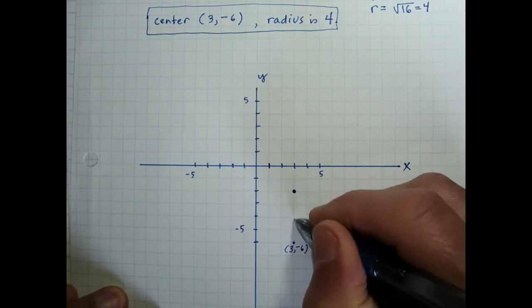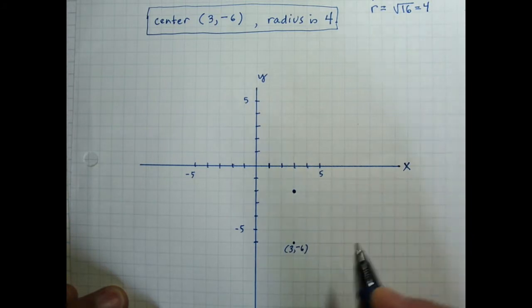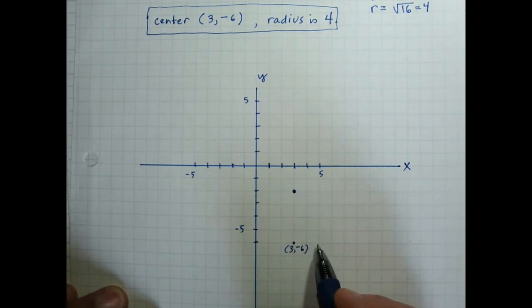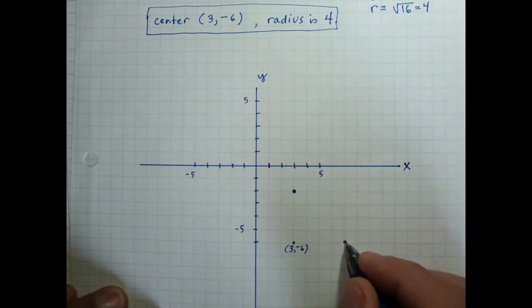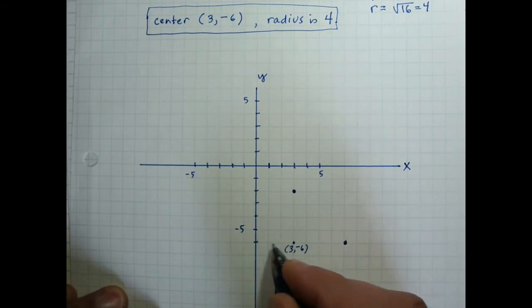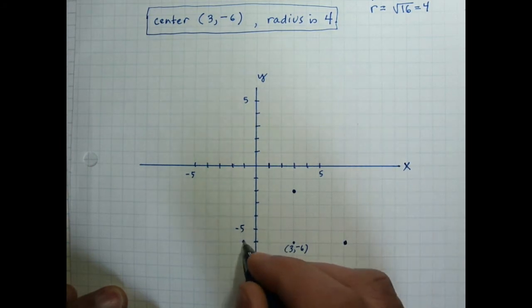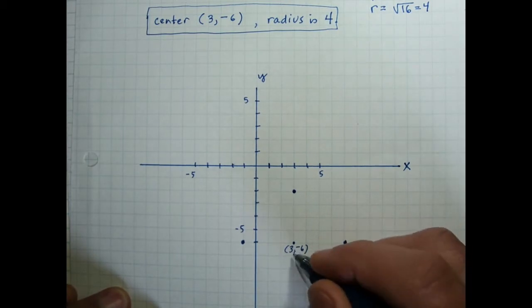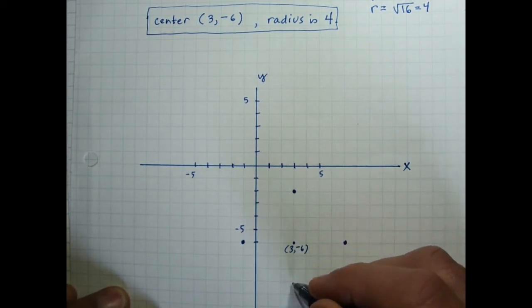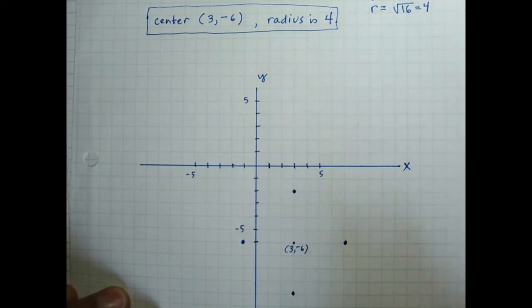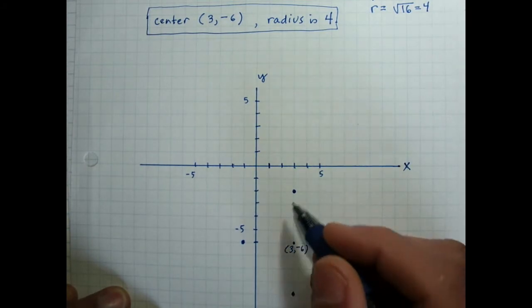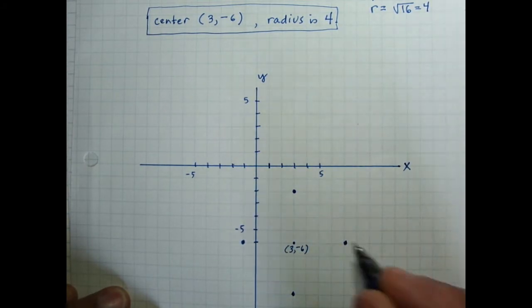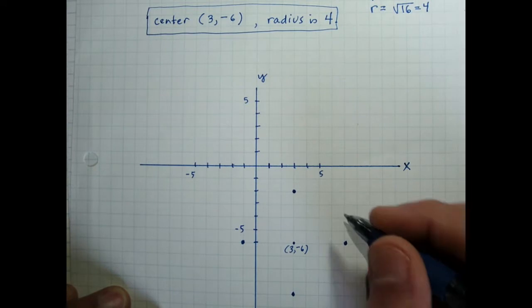That's a distance of 1 radius up. I'm going to count 1, 2, 3, 4 to the right, 1, 2, 3, 4 to the left, and 1, 2, 3, 4 down. So it almost looks like a diamond shape, but those are 4 points on the circle.